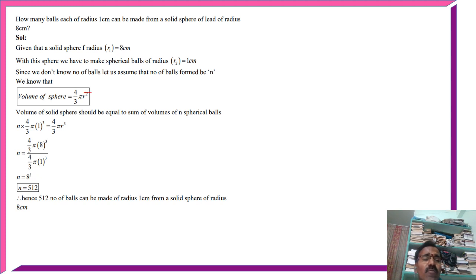The volume of the solid sphere should be equal. So n into 4 by 3 pi into 1, because here radius is given as 1 centimeter. Bigger radius 8 is given. Transpose it and these two get cancelled. 512 small balls are possible. I mean bigger volume by smaller volume, if you do directly you get 512.